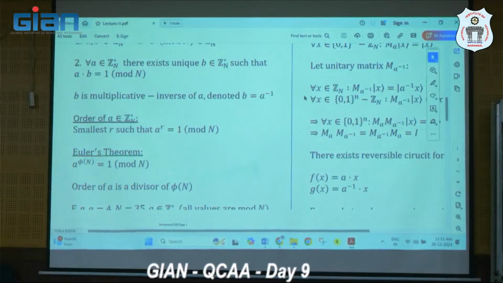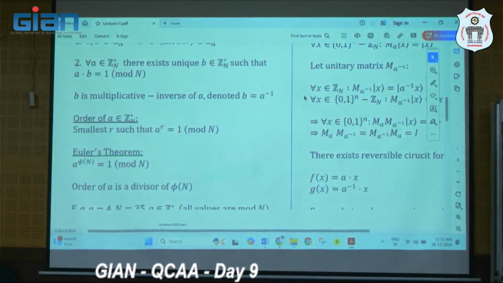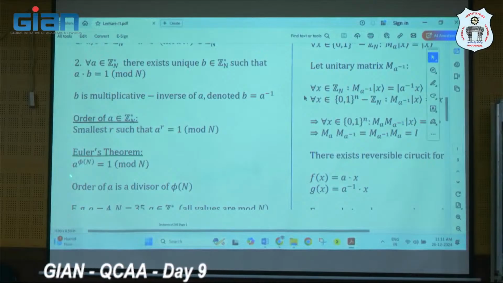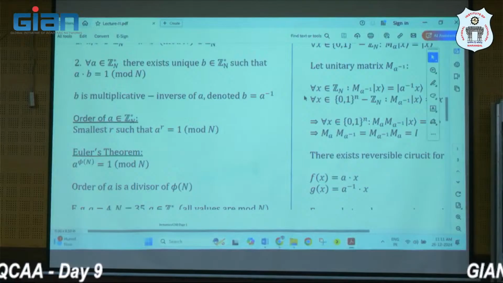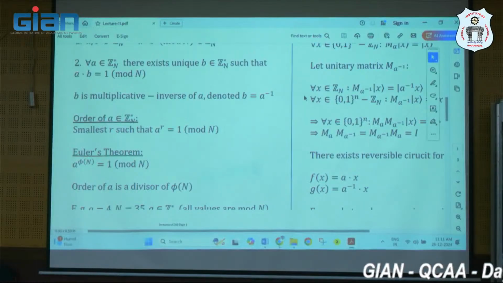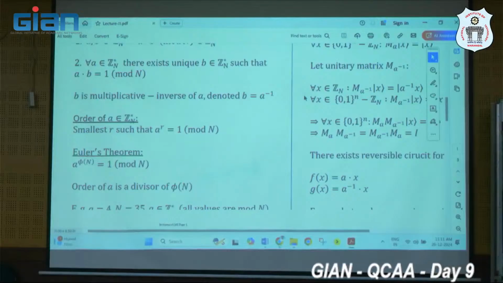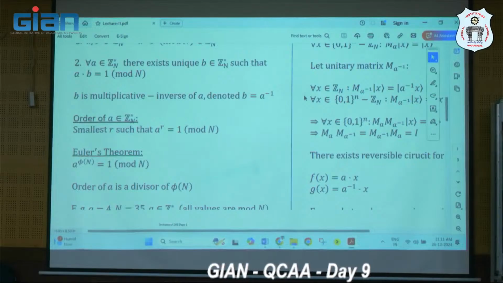Now what happens is, there is this Euler's theorem. What it says, you take any element A in Z star n, you raise it to the power what? The number of elements of Z star n, phi of n, it must be equal to 1. Euler's theorem.